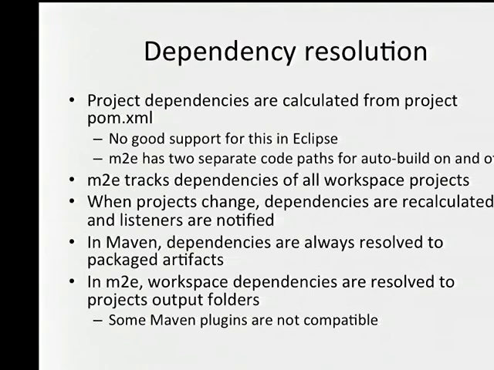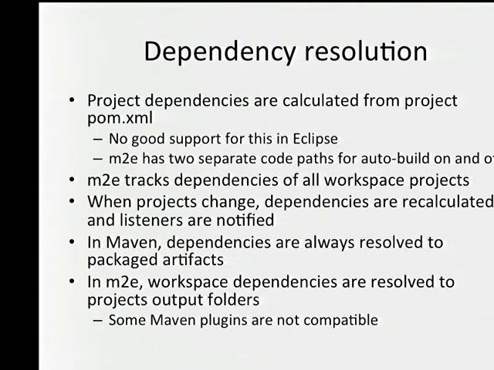Okay, so once the projects are imported, m2e will resolve dependencies of all Workspace projects, and it will actually maintain an up-to-date resolved set of dependencies for all Workspace projects. And whenever you change a pom.xml file, either directly or as a result of your Git pull or whatever SCM operation you're using, m2e will automatically recalculate dependencies of all affected projects.